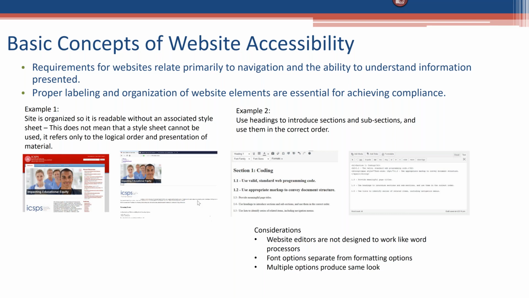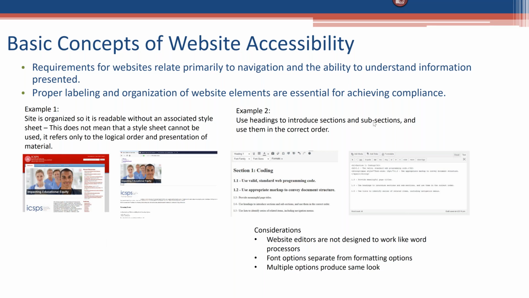I also want to point out that being able to turn off the style sheet is possible on almost every web browser, and the style sheet is generally determined by the templates you use when you're on the creation part of your web platform, instead of, say, the piece you use to enter text and add pictures.